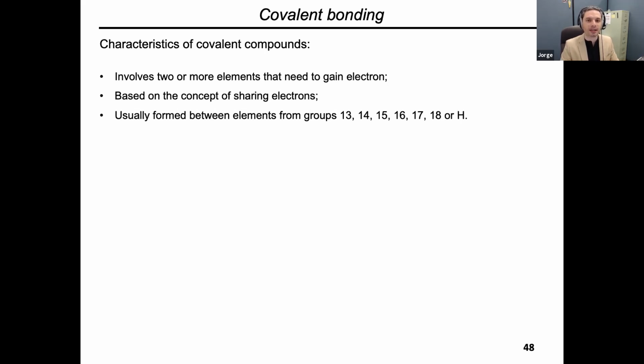The elements involved in the covalent bonding are usually elements from the groups 13, 14, 15, 16, 17, 18, or hydrogen. Okay, attention here. Hydrogen will form covalent bonds.